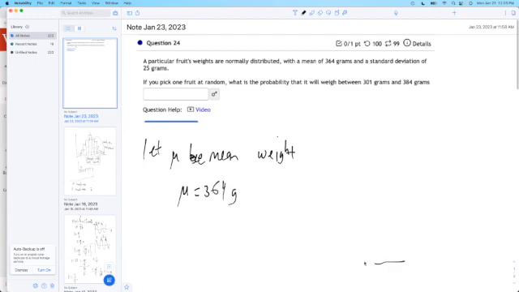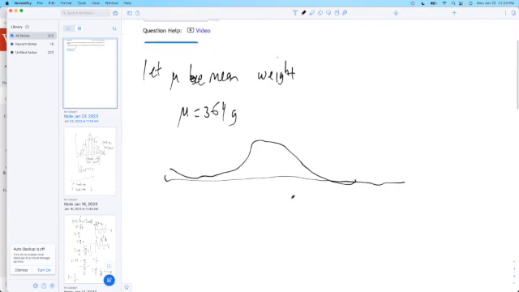So that means we've got some kind of bell curve here. And right in the middle, the average weight is 364 grams. That's also the median because normal distributions are perfectly symmetric. So half of the fruits weigh below that and half are above.